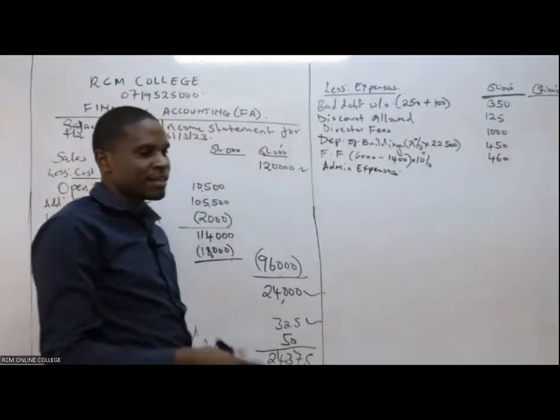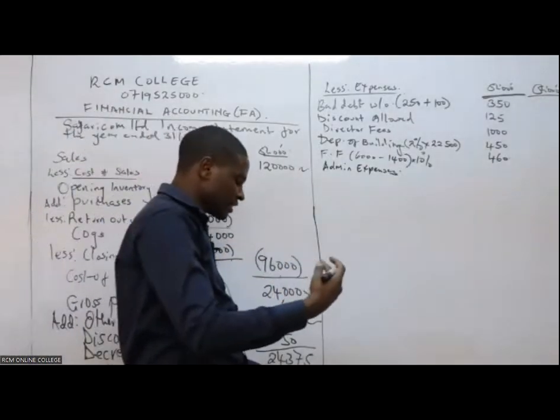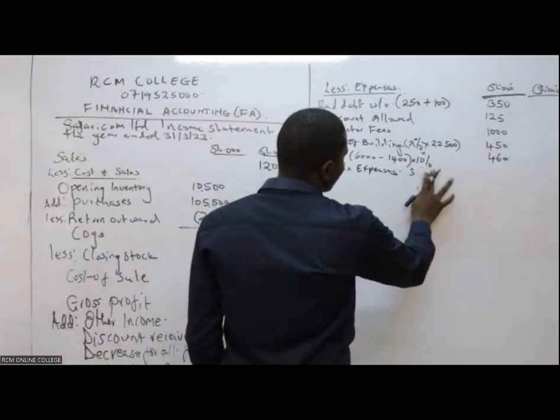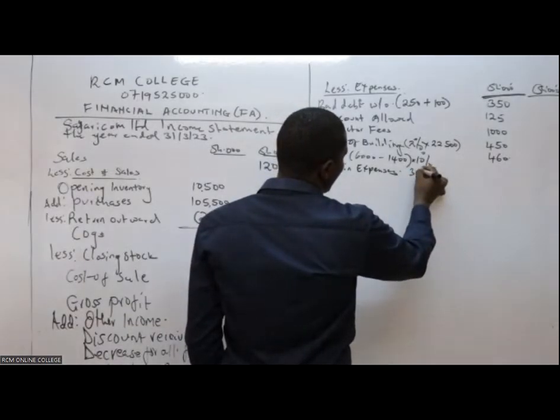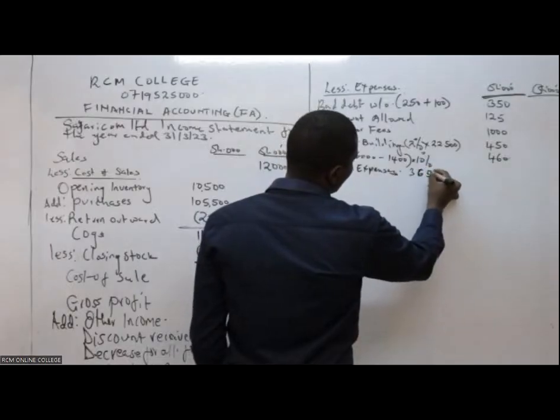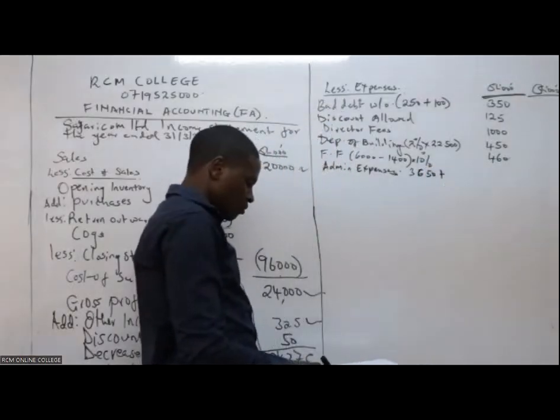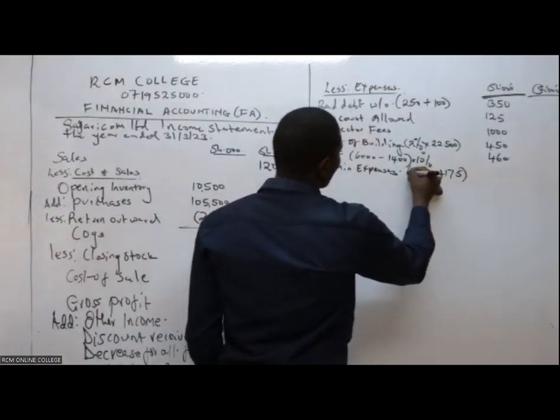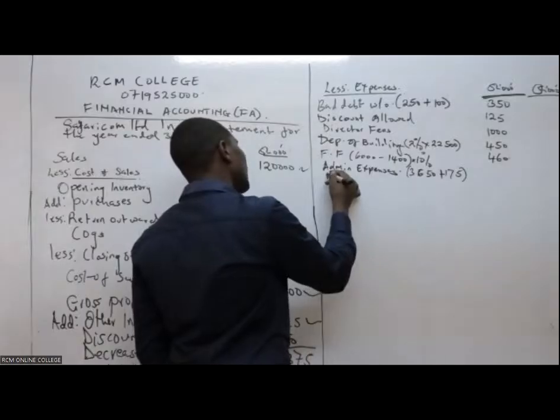So I can see in the trial balance, the admin is 3650 plus whatever was accrued, 175. What is the total? And then we go to distribution.